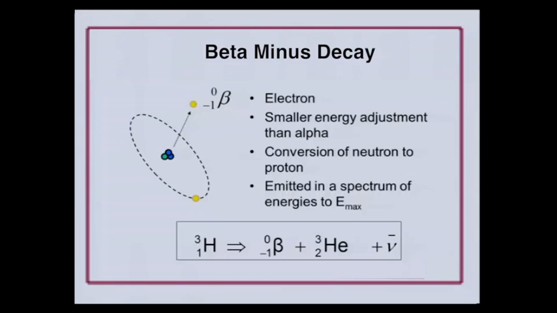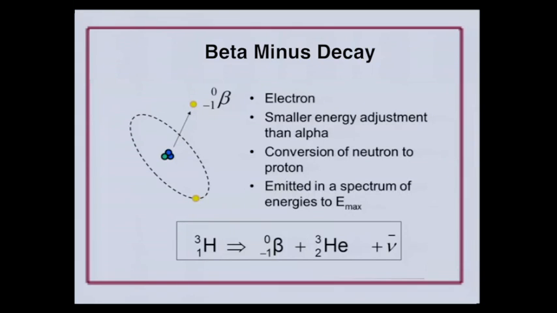Well, what about the remaining 2/3? The remaining 2/3 must be accommodated. It must be accounted for. And this is what the neutrino does. It is a particle, and it carries away the balance of the energy. And so if, for example, my beta emitted is actually 2/3 of Emax, then that antineutrino is going to carry away the remaining 1/3.